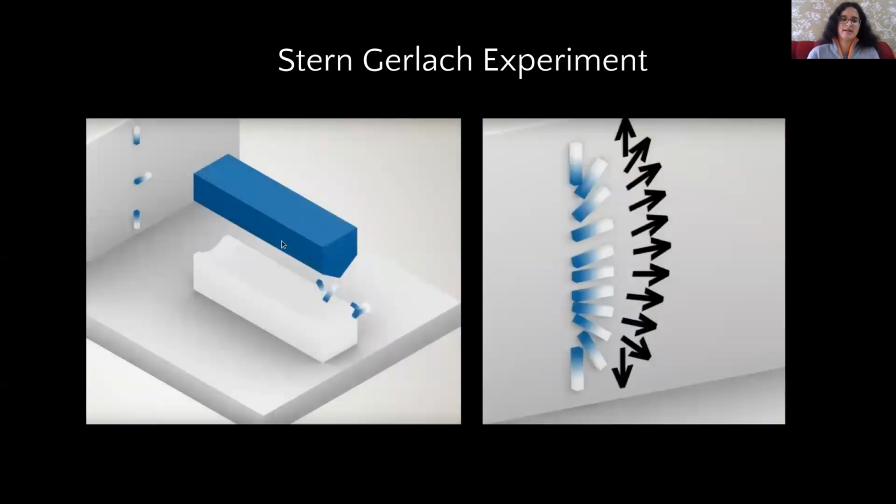So this is what happens if the north pole is above: it gets attracted to the south pole and is deflected upwards. And if the south pole is vertically pointing towards the south pole magnet, then it gets deflected downwards, because this upper magnet is stronger and therefore the repulsion offered to the magnetic dipole strip is more.